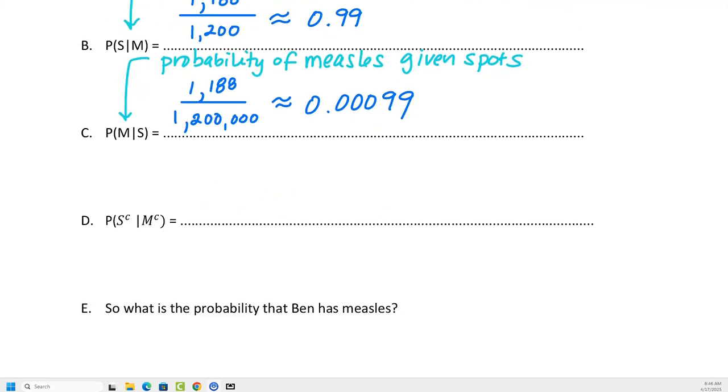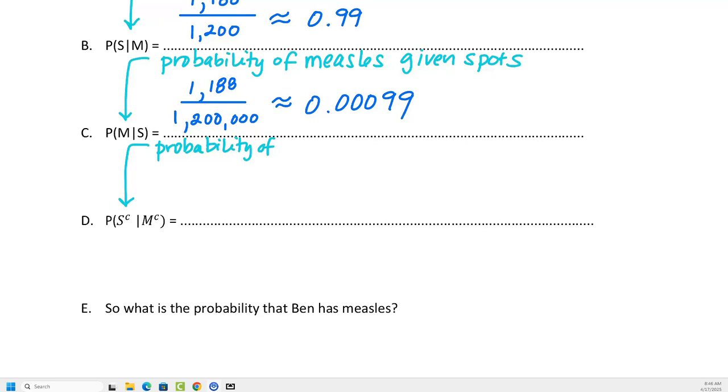Let's define what the probability is, and then we'll look at the table. So this is the probability of S complement given M complement, or the complement of S given the complement of M, right?